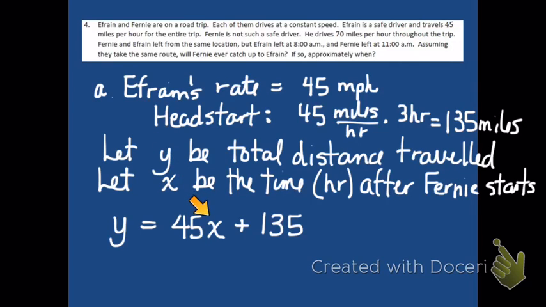So at time 0, which is when Fernie starts, 45 times 0 will be 0, and my distance will be 135, and that's what we want. So that's his head start right there, 135 miles. Okay, so let's look at another way that we could have set up Efren's equation.